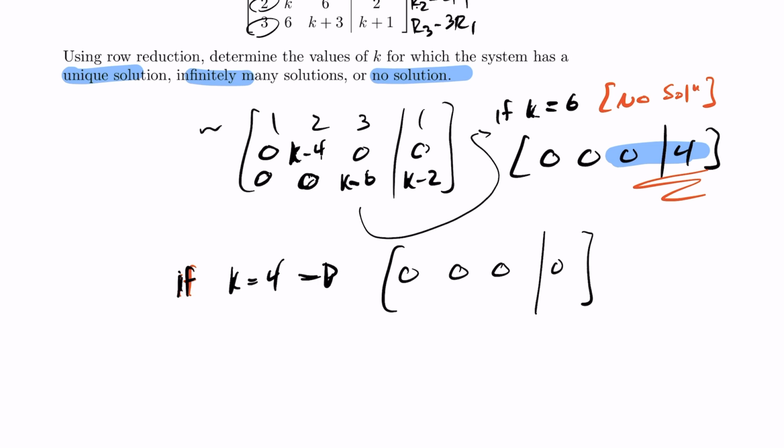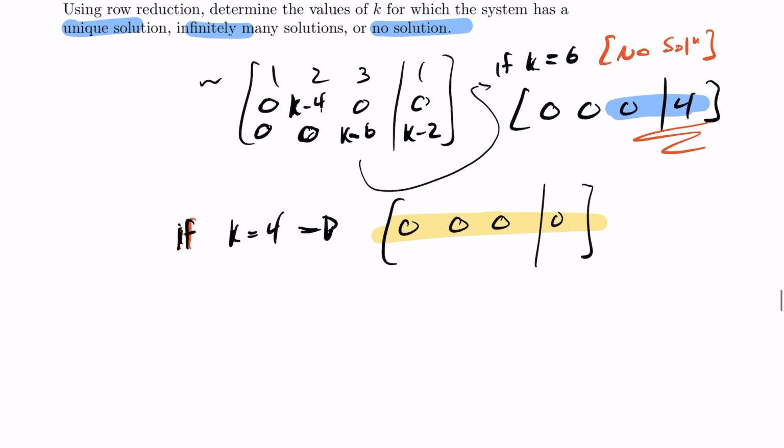So as soon as you're solving a system of equations and you're left with a row that is all 0, you automatically are in a situation where you have less equations than variables, and you're going to have yourself infinite solution. So this will end up being here infinite solution. So now we have the situation that, okay, if k is 6, we know we have no solution. If k is 4, we have infinite solution.